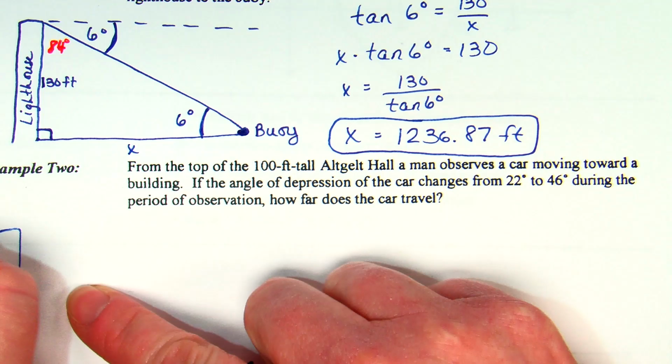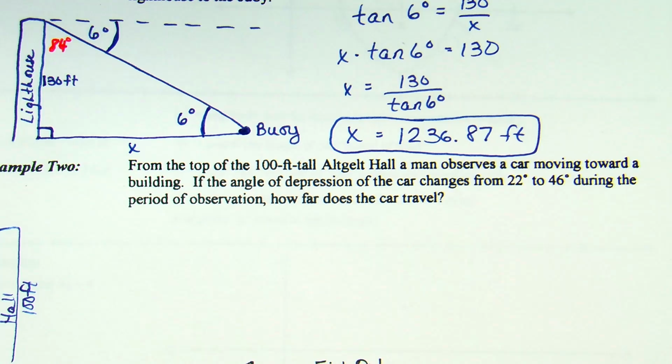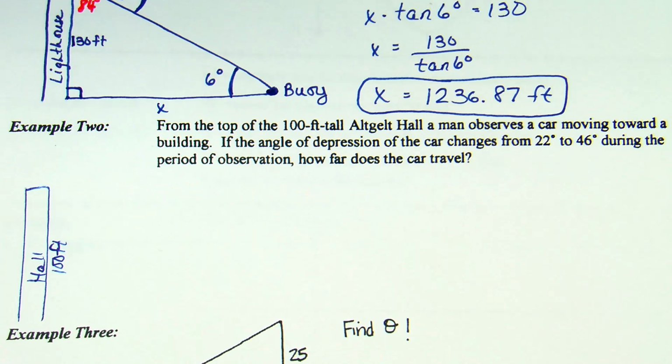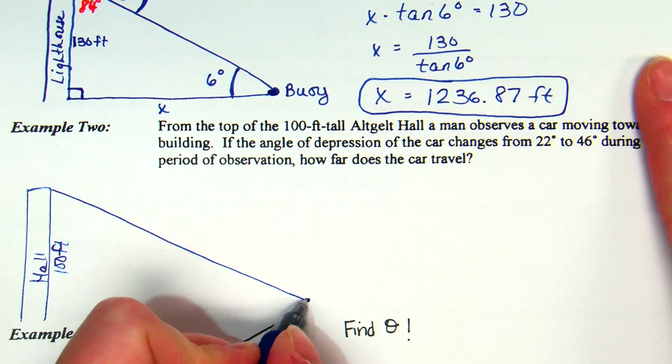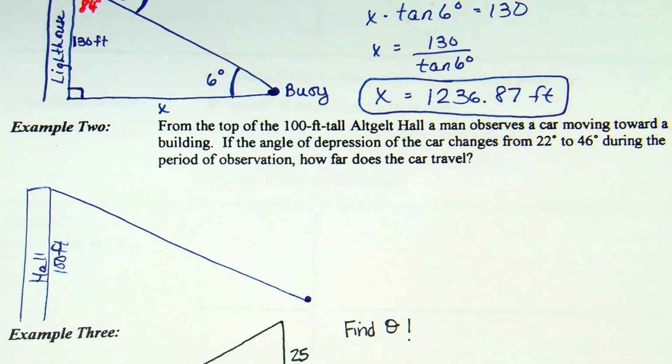So I know this right here is 100 feet. A man observes a car moving toward a building. So where's the car? Okay. The car is, the way I have mine drawn, over here, yes? And which direction is it going?